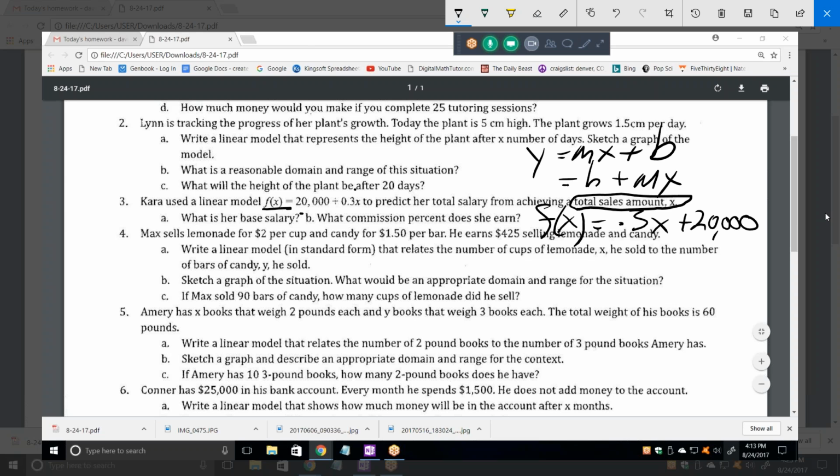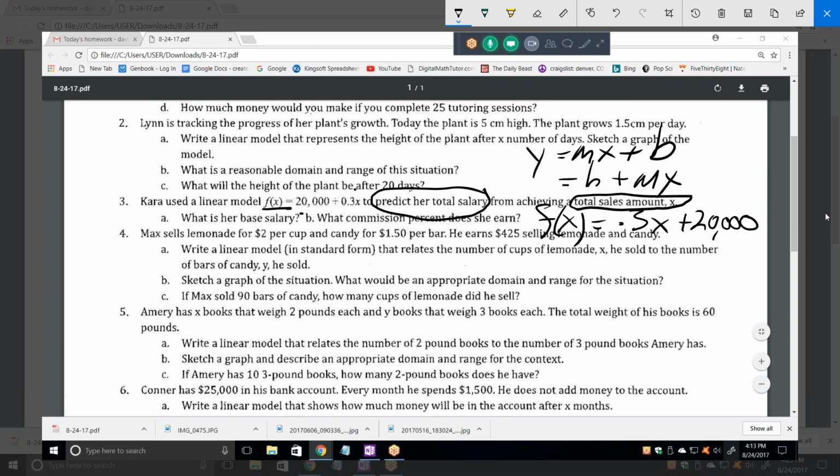And you could go back and see that f of x is her total predicted salary. Okay, so let's say she doesn't sell anything. Her sales are 0. What is her salary? $20,000. Correct.